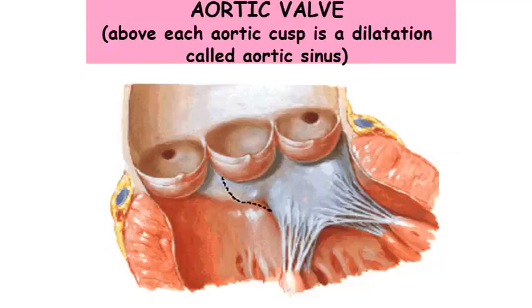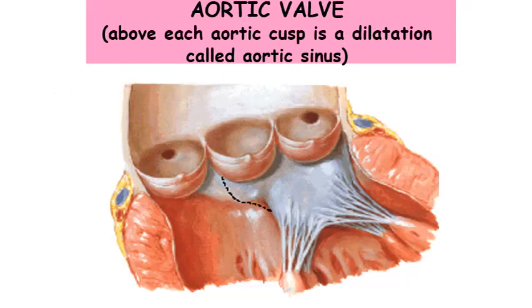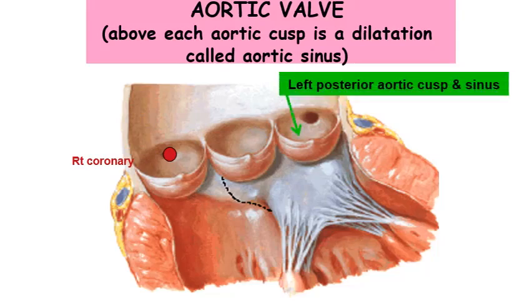In the aortic valve, each cusp has a dilatation above it called the aortic sinus. As we notice, the anterior aortic cusp and sinus has an opening. This opening gives origin for the right coronary artery, one of the major arterial supplies of the cardiac muscle.